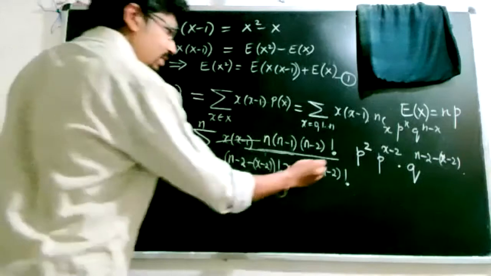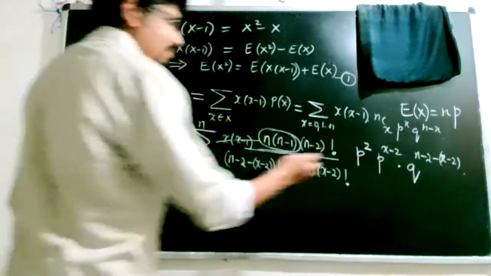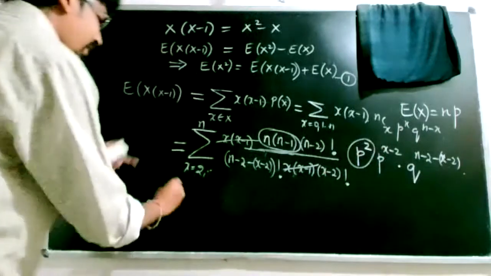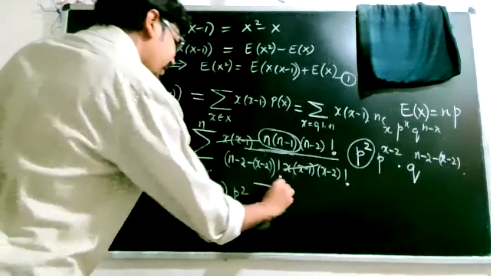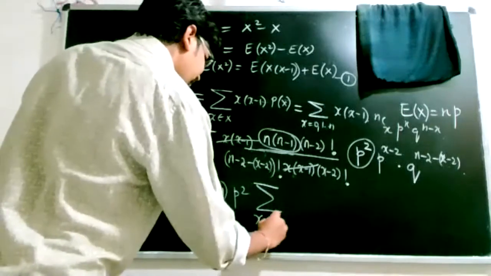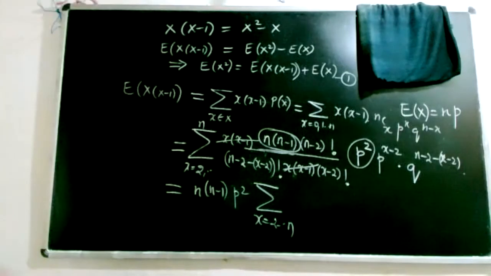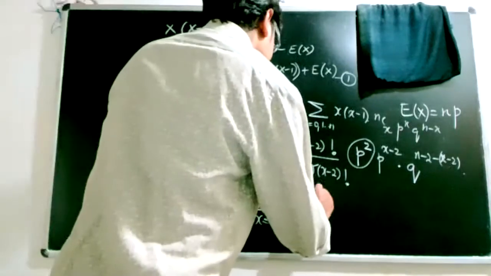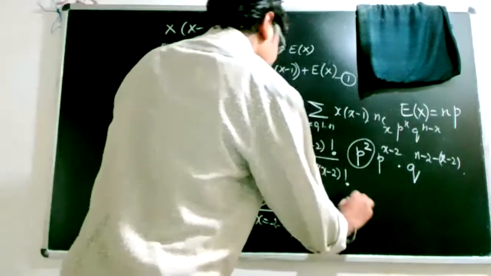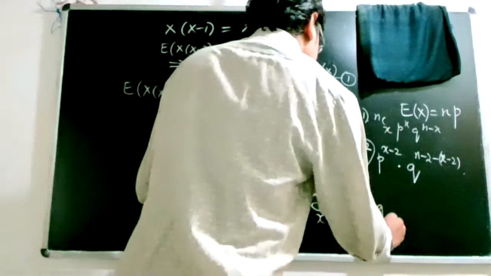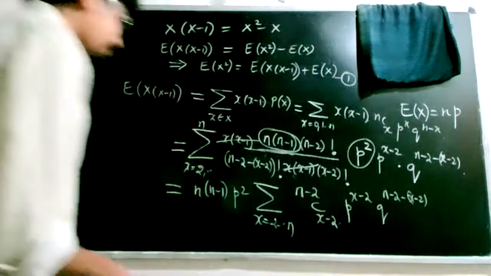So now we cancel out this x and x minus 1. I take this n and n minus 1 outside, as well as this p square. So I get n into n minus 1 into p square, and I'm left with the summation x equals 2 to n. So I have n minus 2 factorial. I can directly write n minus 2 C x minus 2 p to the power of x minus 2 q to the power of n minus 2 minus x minus 2.